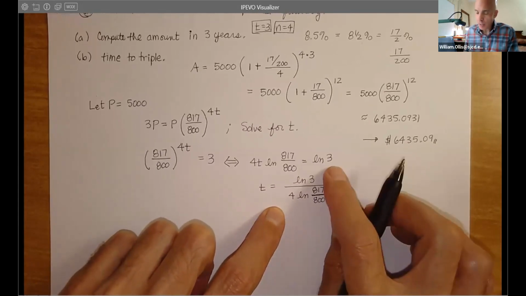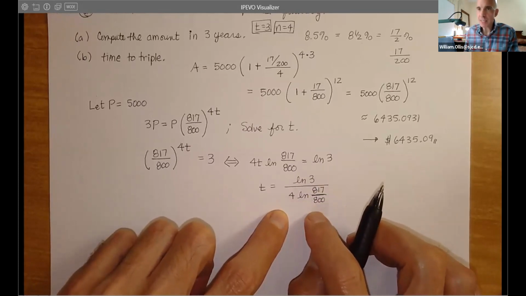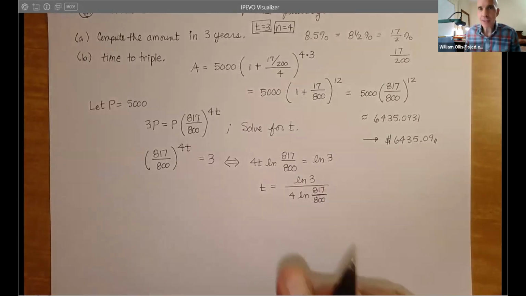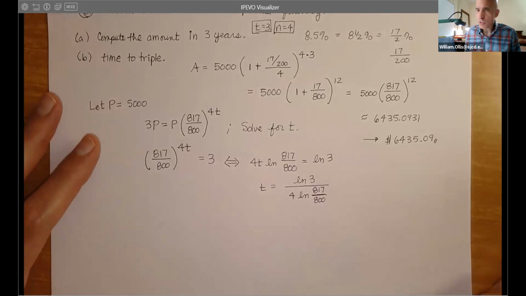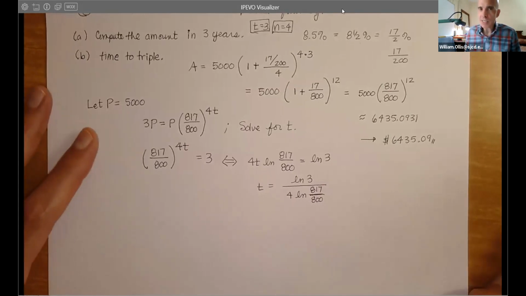That is the natural log of 3 divided by 4 times the natural log of 817 divided by 800. That's the exact time. Let's say you've got a client at the bank and they're like, okay, sir or ma'am, I need a number. Can you give me a number? So you say, well, that's right. That's why they pay us the big bucks. We'll go and get you a number.